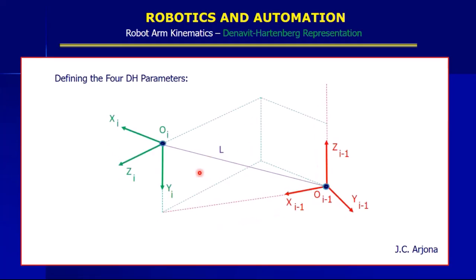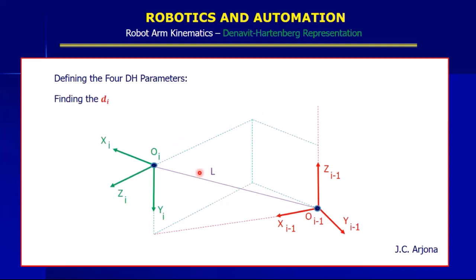After establishing this diagram, we can define each of the 4 parameters, starting with the di. Finding the di is looking at the zi minus 1 axis. That is, we are moving the previous frame along the zi minus 1 axis.